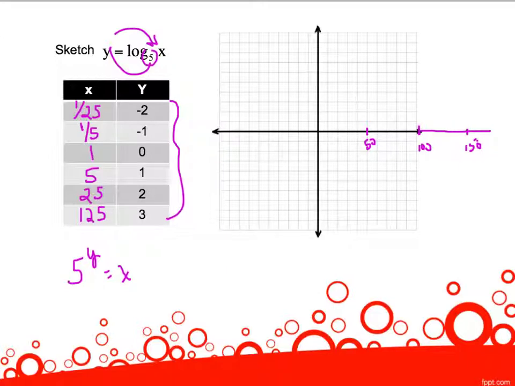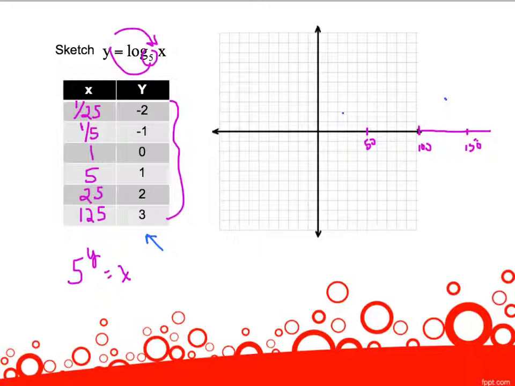All right. And let's actually start graphing these last few points so we'll have a little better idea of what the graph looks like. So we'll start here at when x is 125, which would put us right around here. Y would be up here at 3. When x is 25, which would be right here in the middle, y would be 2.